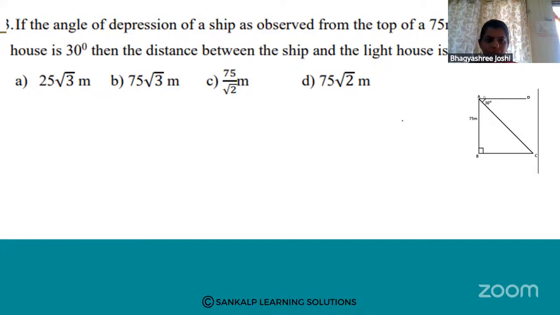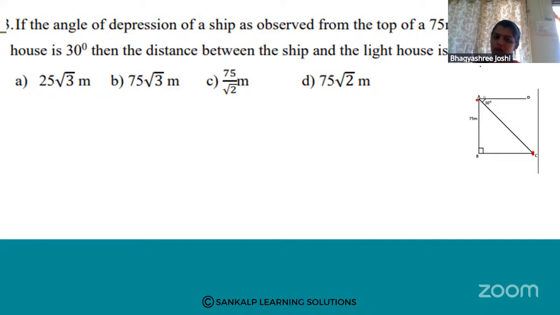So here observe carefully, angle of depression they have given. Angle of depression means what? If you are standing at the top of the building or top of the tower and you are looking towards the point C, here it makes an angle. That angle we call the angle of depression.